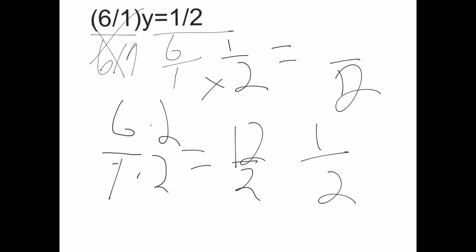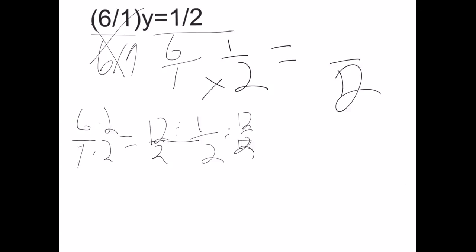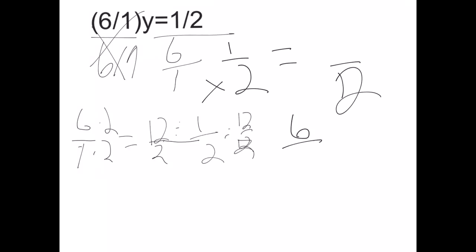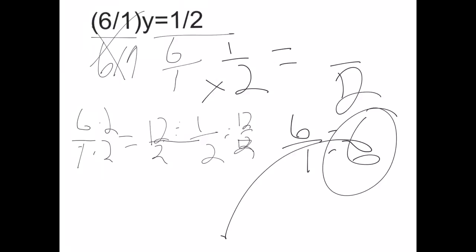Now, you can just divide them. 12 divided by 1 equals 12 over 2, which can then be simplified by dividing both the numerator and the denominator by 2, which then leaves me with 6 over 1, and simplified equals 6. So obviously, y equals 6.